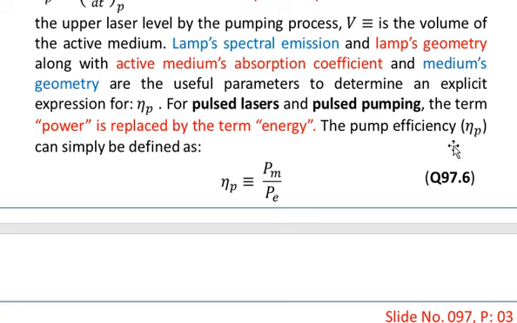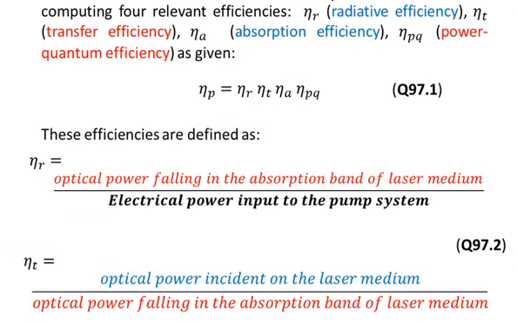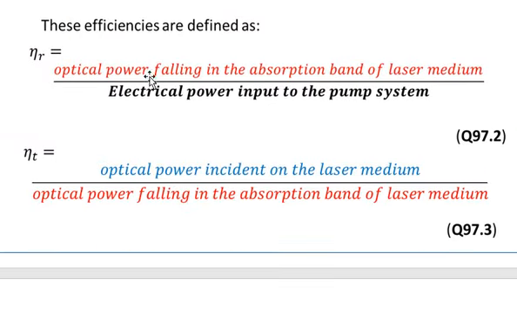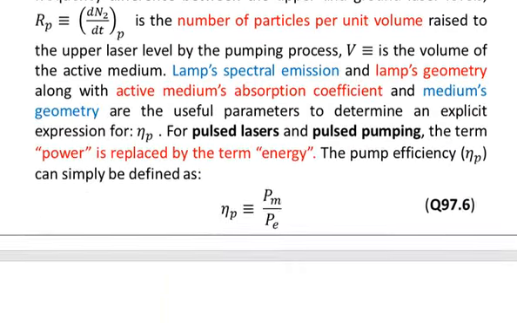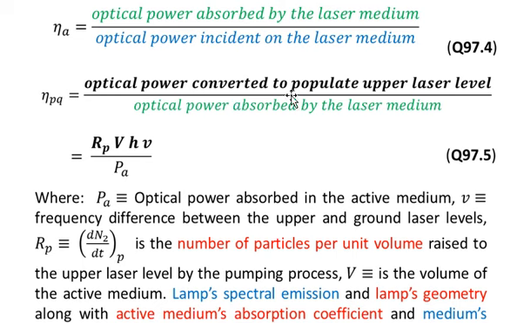The pump efficiency eta P can be simply defined as eta P is equal to PM over PE, where PM is the same thing as we have defined earlier. So PM is actually equal to the optical power falling in the absorption band of the laser medium, not this one, because this will be cancelled out by the denominator in eta T. So it means that this PM is actually the optical power converted to populate the upper laser level.